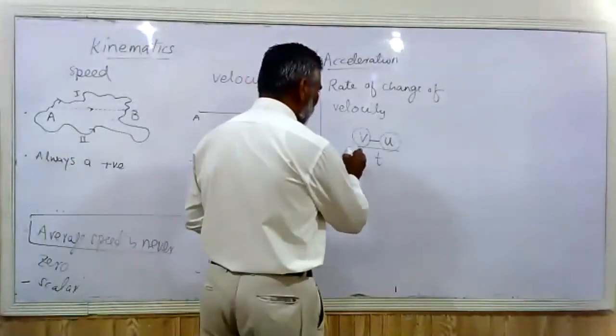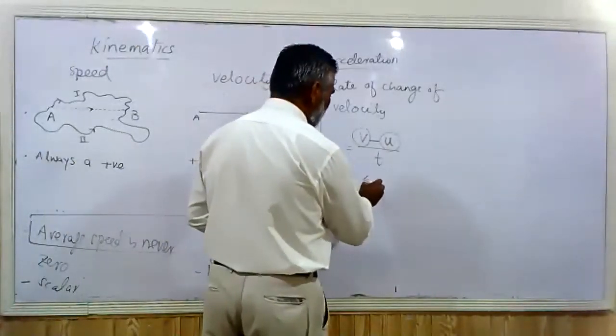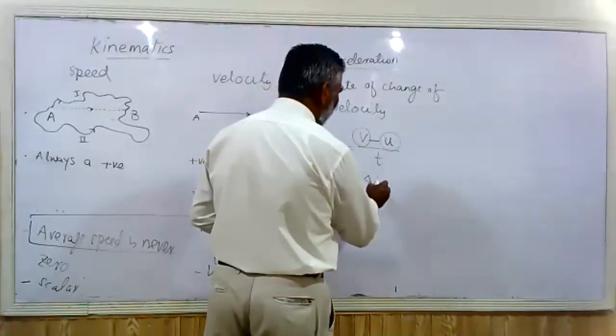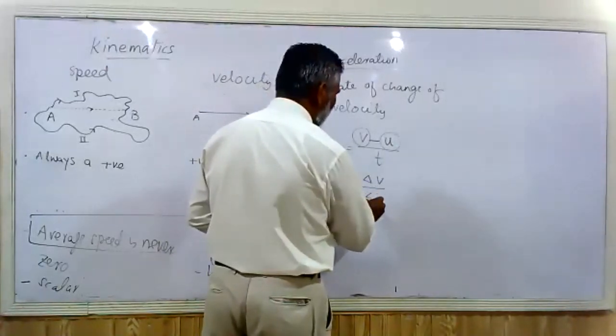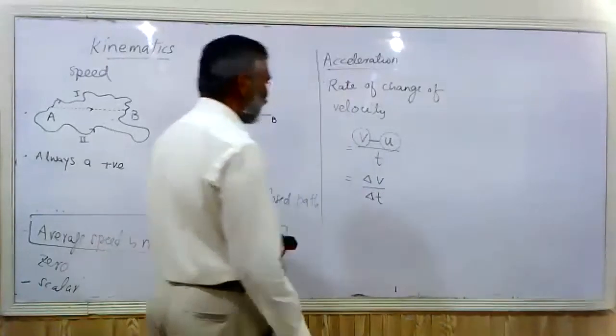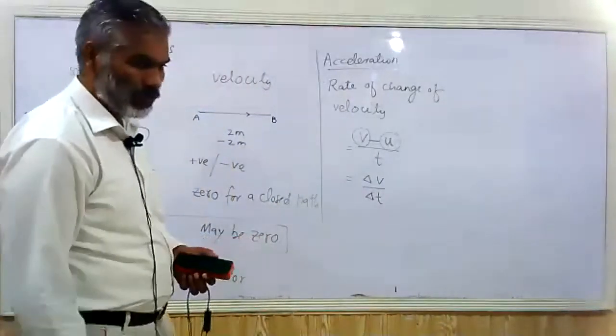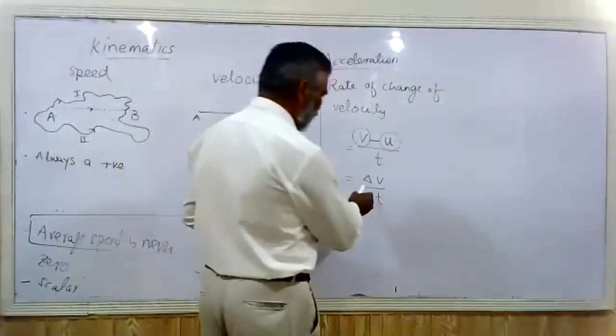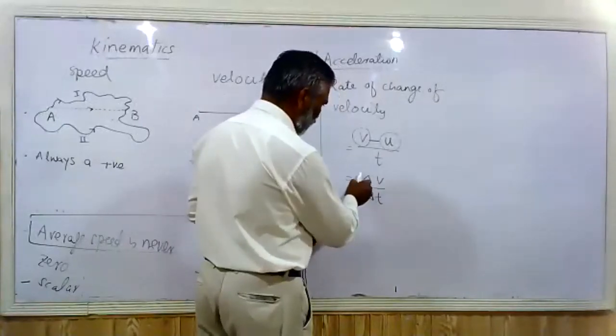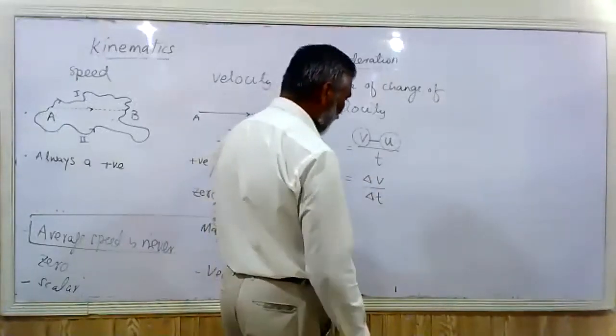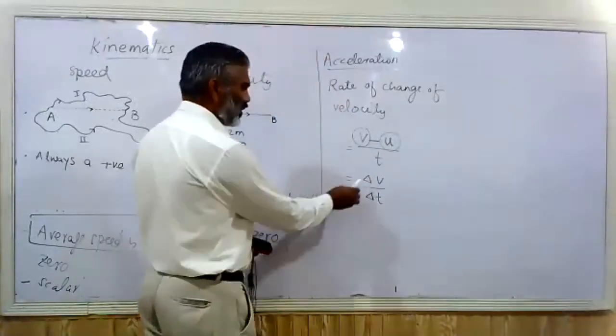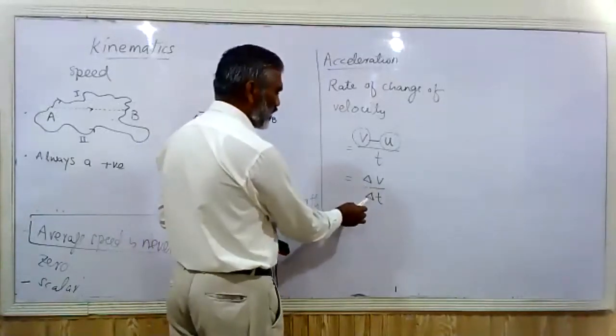This is usually written as delta V over delta t. In your books you sometimes see this symbol, delta, which shows change in velocity, and this is change in time.